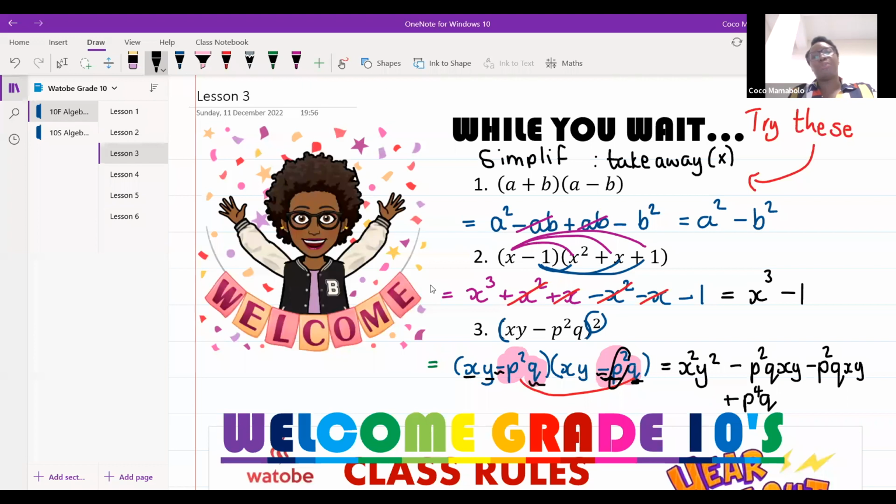So q times q will give me q to the power of 2, because it's squared. It's not going to be 4. Remember, this q has a power of 1, and this one has a power of 1. So when we put them together, they give us q squared.